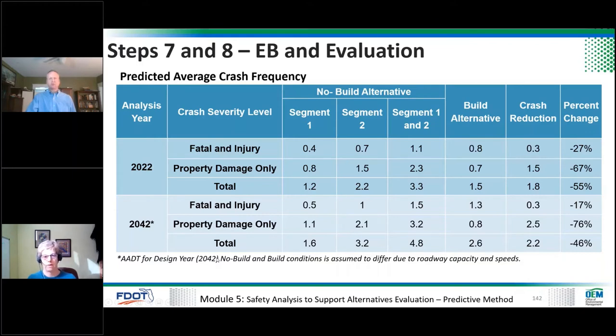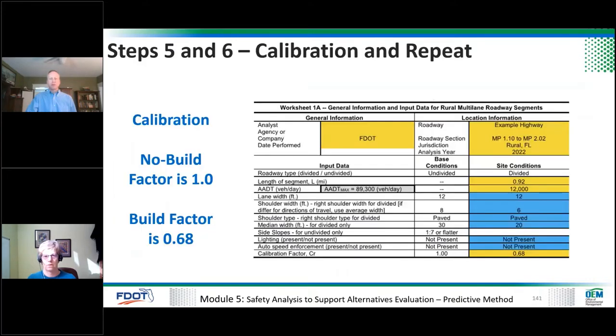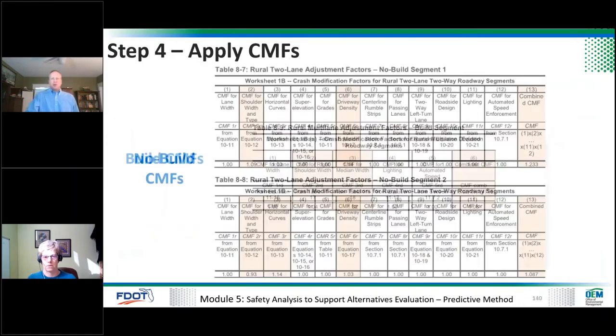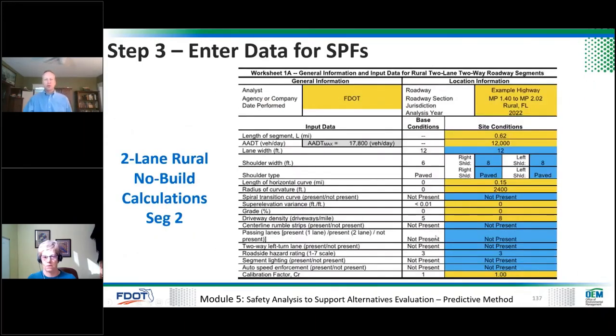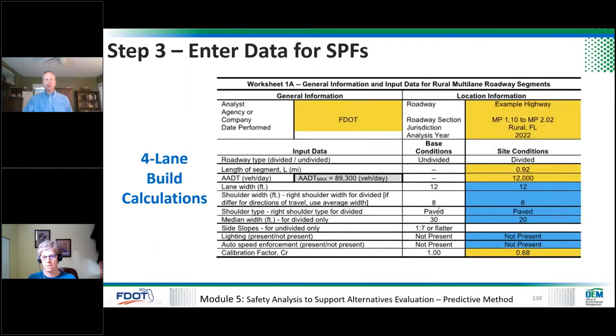Yeah. If you needed to blend two analysis types because the CMFs aren't in these spreadsheets, you could do that here, but there is a caution due to the fact that some of these equations might have some bleed-through affecting the CMF. I'm going to flip to the four-lane multi-lane highway.